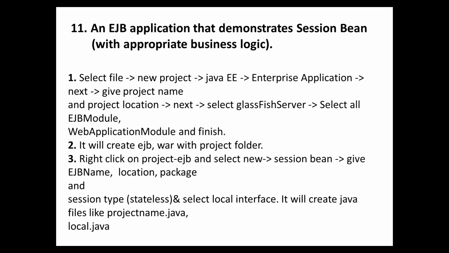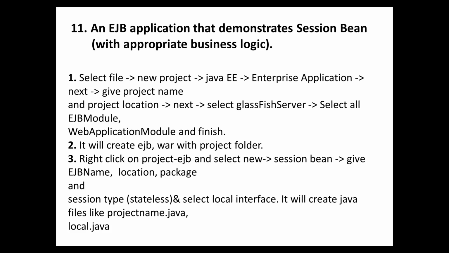In the next combo box, we can select a Glassfish server. So all this Glassfish, project location and project name will be edited. Then we select the EJB module, and using the web application module, finish it. So this is the first step.